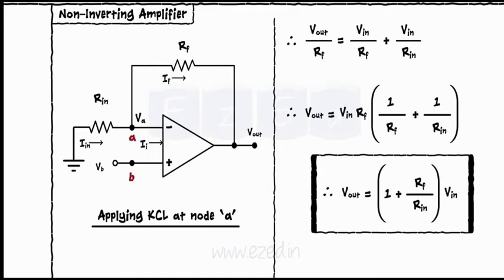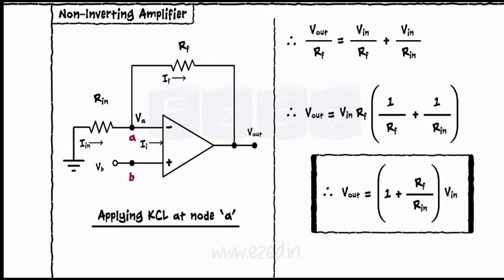One is inverting, denoted with a minus sign, and the other is non-inverting, denoted with a positive sign. When we apply any signal to the non-inverting input, it does not change its polarity when it gets amplified at the output terminal. So, in this case, the gain of the amplifier is always positive.